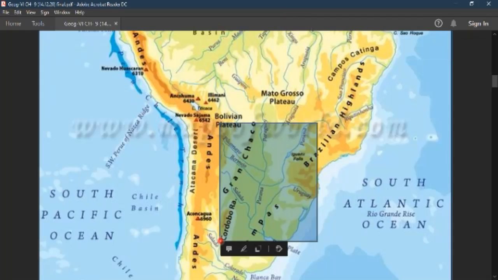These rivers flow southward. These rivers are flowing towards the south direction and drain into the South Atlantic Ocean in a wide estuary in Argentina, which provides an excellent harbor.